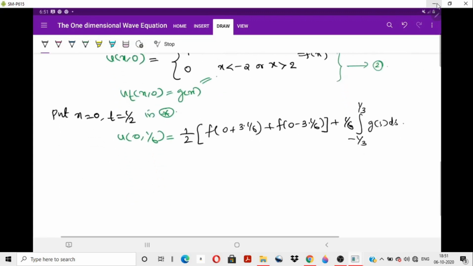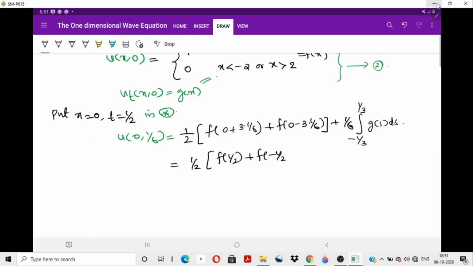This is equal to 1/2 times [f(1/2) plus f(-1/2)], since 3 times 1/6 is 3/6, that is 1/2, plus 1/6 times the integral from minus 1/2 to 1/2 of g(s) ds.